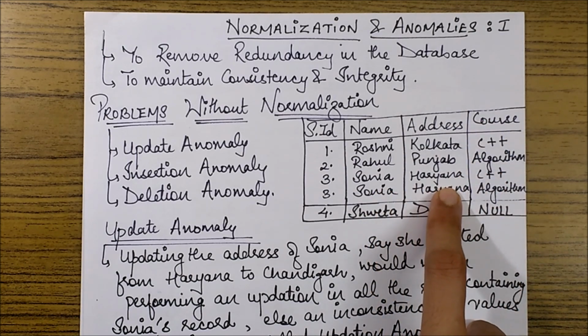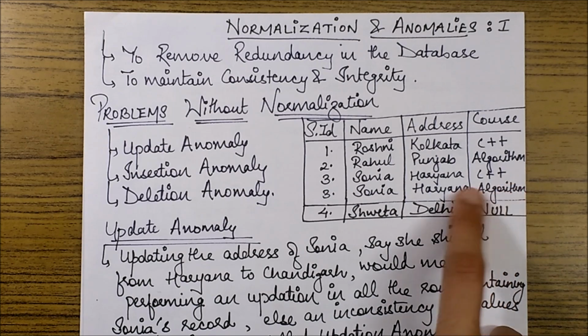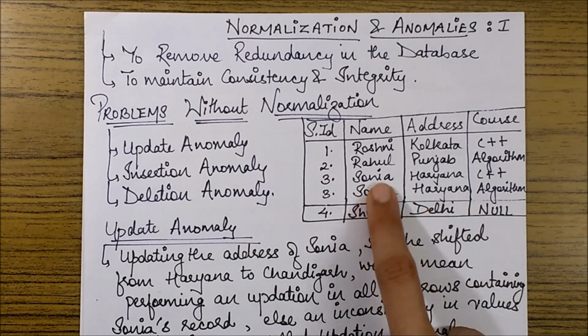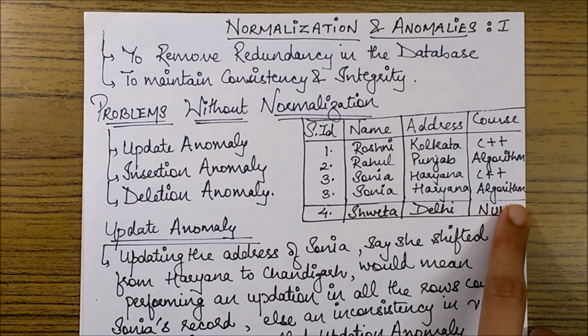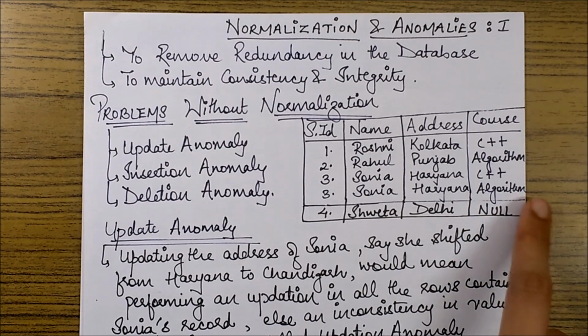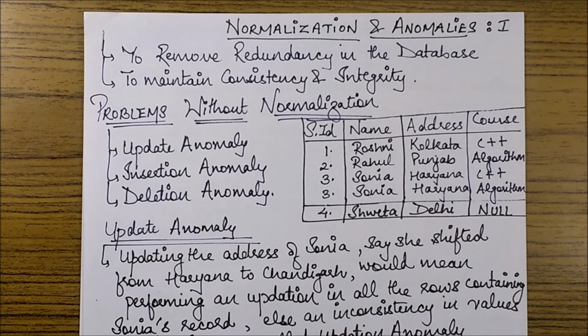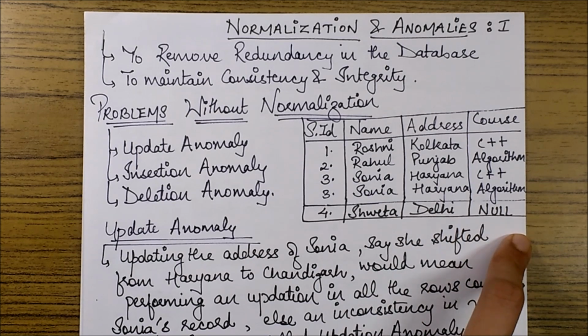Sonia, address is Haryana, course is C++. Next again we have the same student Sonia's record, but the course opted is different, that is algorithm. So this student is opting for two courses, C++ and algorithm, therefore we have written two different records. And the last one is Shweta, she's from Delhi and she has not opted for any course.